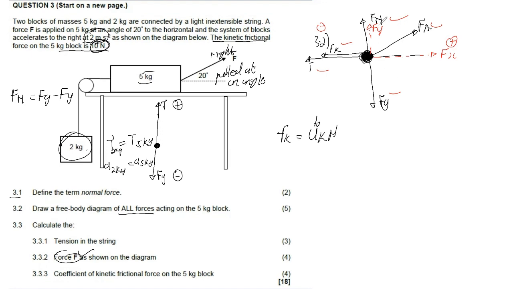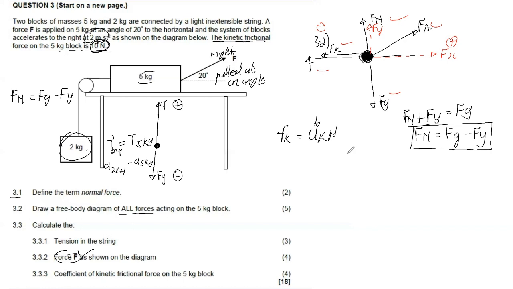If you just consider the fact that your upward forces are always equal to your downward forces, then you might end up having Fn plus Fy is equal to Fg. Now, because you are trying to calculate the normal force, you obviously have to make the normal force the subject of the formula. Then you end up with Fg minus Fy. So that's how we deduce that formula there, right? So we have derived that formula from that expression there.